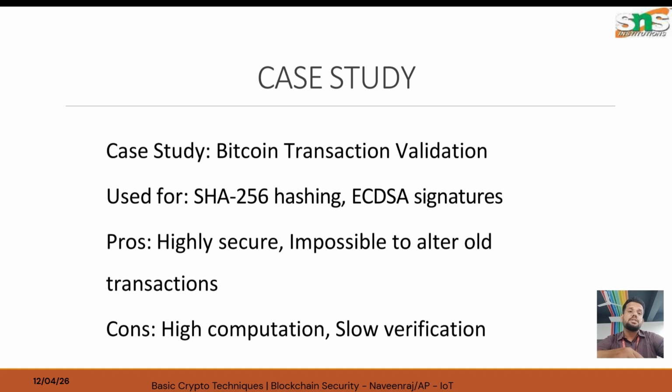We use this structure for efficient verification, and it saves memory. For example, if 1000 transactions happen, only the root hash needs to be verified. You need not verify all 1000 nodes one by one, which makes it a very efficient verification process. That's why we use the Merkle tree for verification.